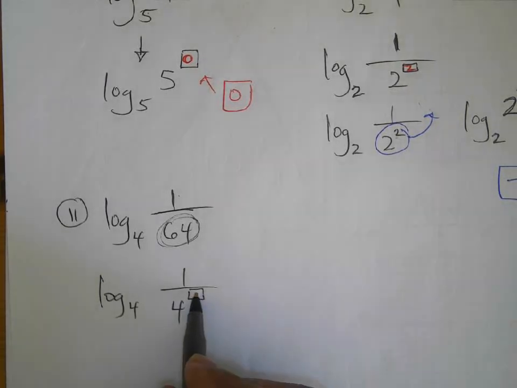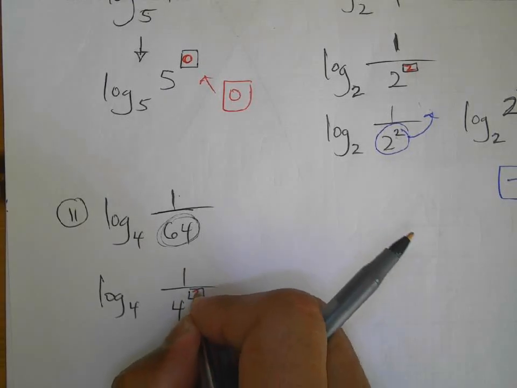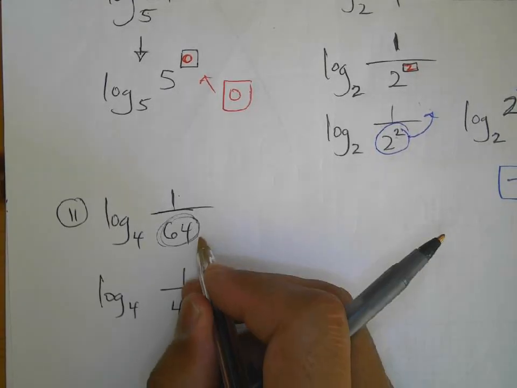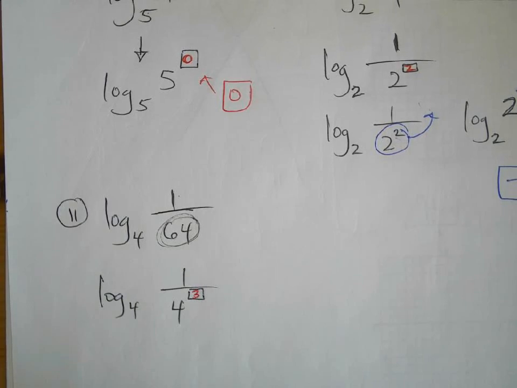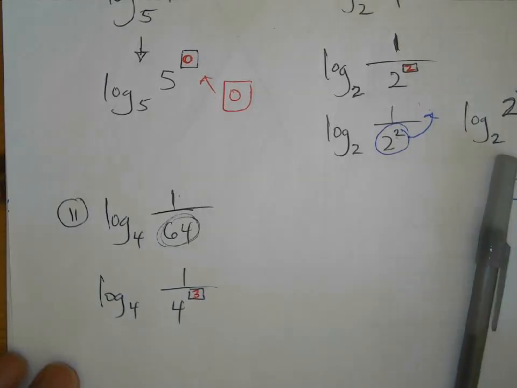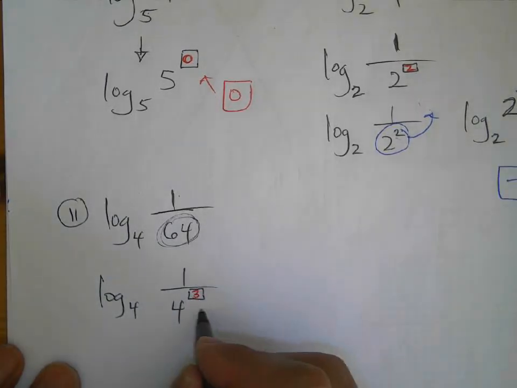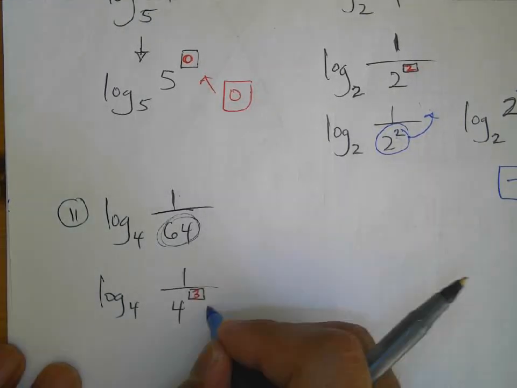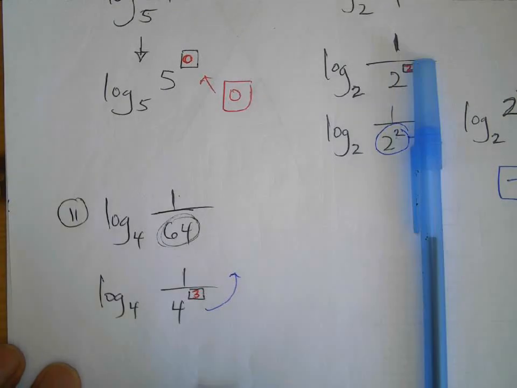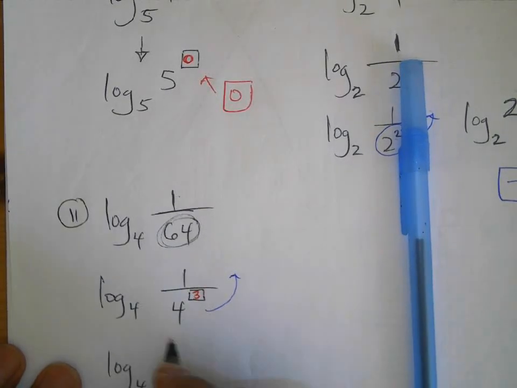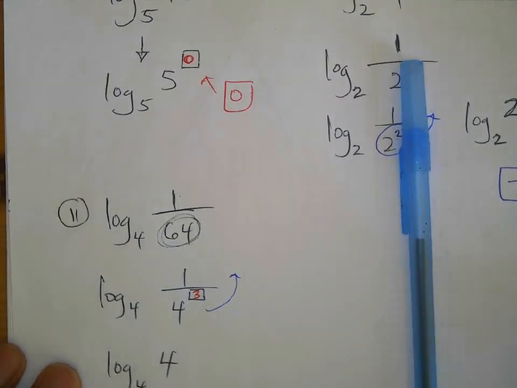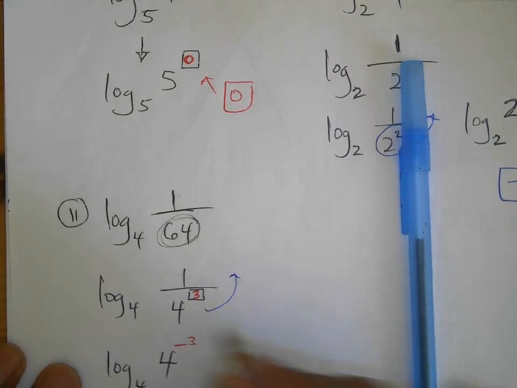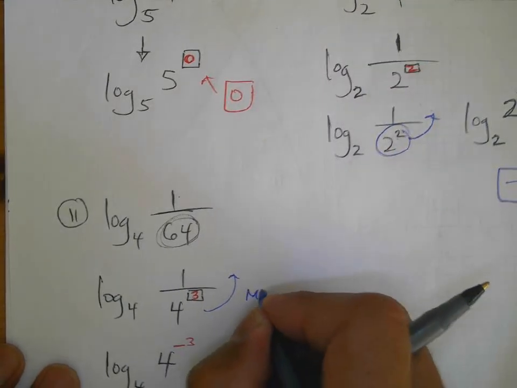Nope. 4 to the power of 2 is 16? Nope. 4 to the power of 3 is 64. But then remember, we don't want it like this, so we move it up and change the sign, so you're left with log base 4 of 4 to the negative 3.